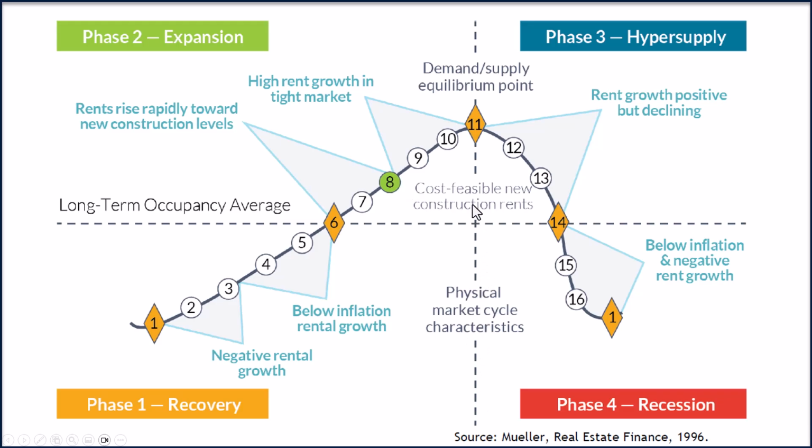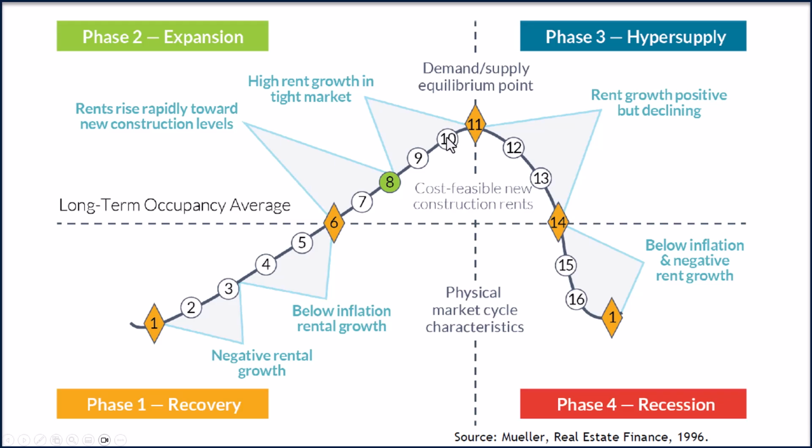So now our occupancy and our rents are high enough. So NOI is now at a cost feasible mark where we can build new construction. Again, doesn't matter what the asset type is. We continue to accelerate in rents and occupancy until we hit the equilibrium point, because around point 10, we're starting to deliver square footage or units to the marketplace.